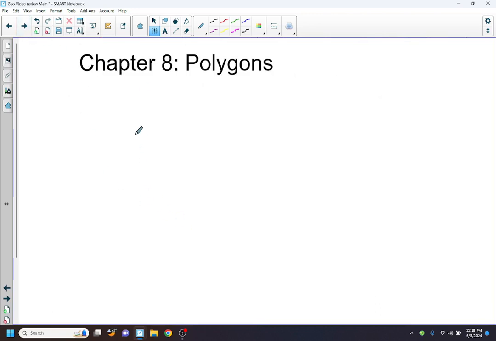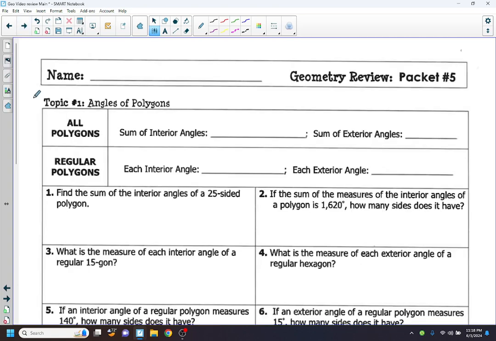All right. Chapter 8 is polygons. So let's go through polygons. Reminder, if you want the sum of all interior angles, it's 180 times n minus 2. The sum of the exterior angles, no matter if it's 3-sided or 300-sided, is 360. It's basically the leftover two 180s that are on the outside.